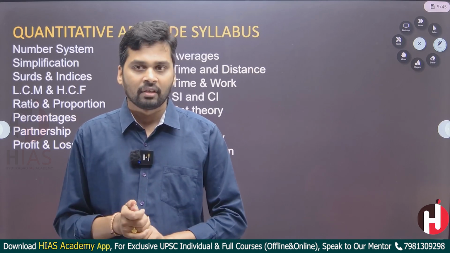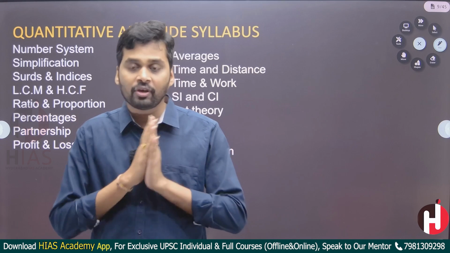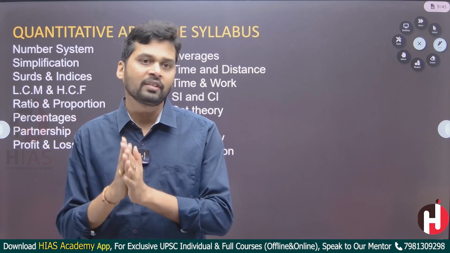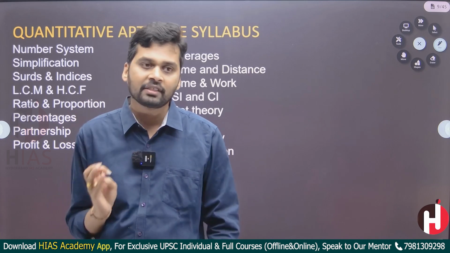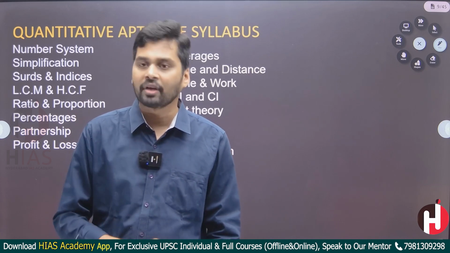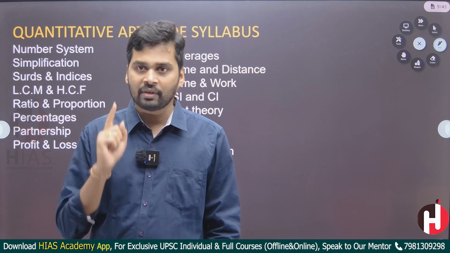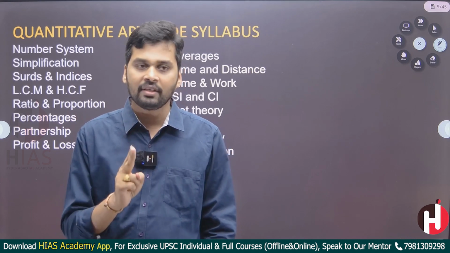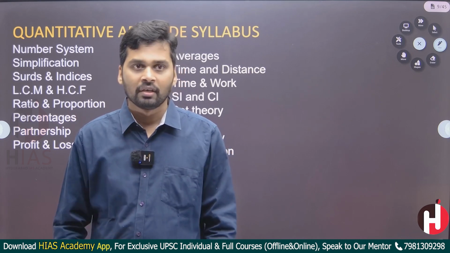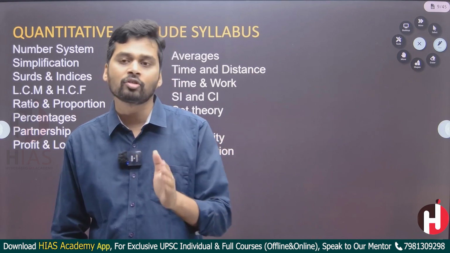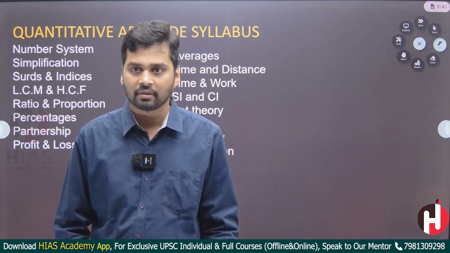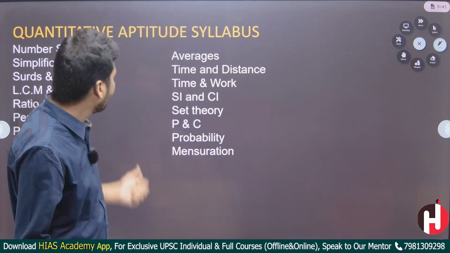Almost 40 to 50% of the weightage is given to these two topics: number systems and permutations and combinations. These two topics have more weightage than any other topics. So please note it down.